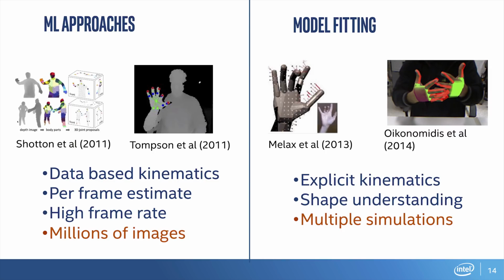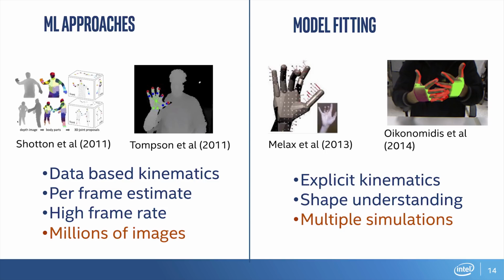And so there's an alternative approach where we look at model fitting, where you take a previously built model of a hand or a body and use techniques such as signed distance transform functions to move it towards the point cloud data that we get.